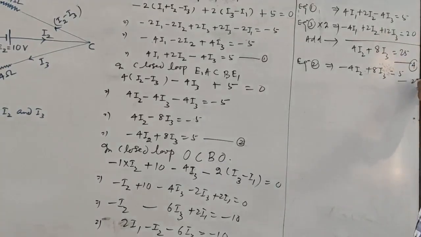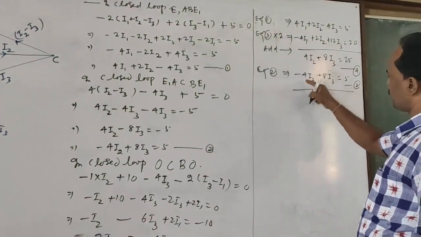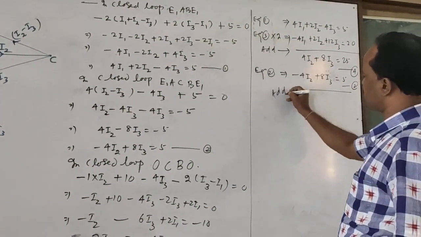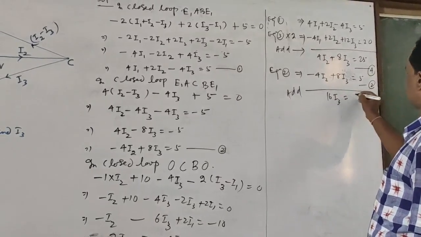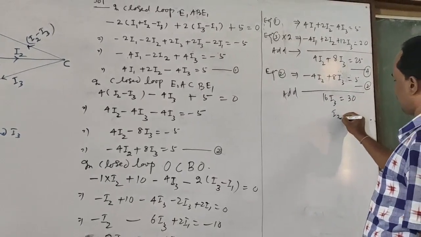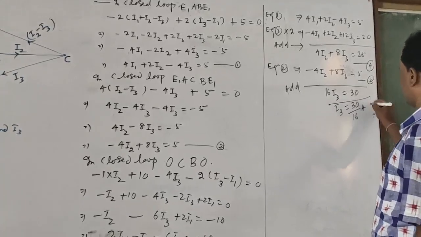If we add this to equation 4, the 4I2 terms cancel, and we get 16I3 is equal to 30. So I3 is equal to 30 divided by 16 ampere. This is one of the results.